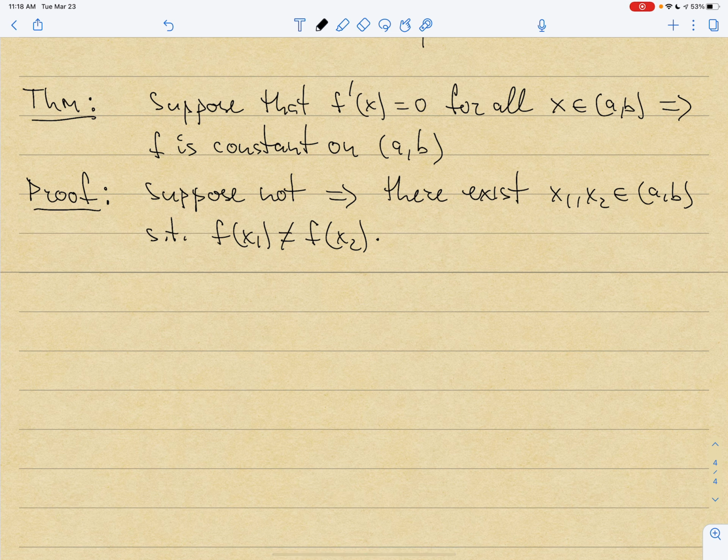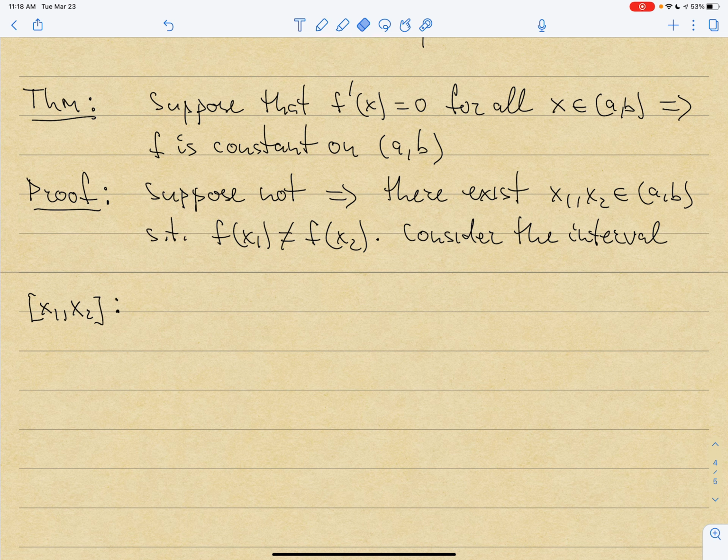Okay, so then we're going to consider the interval [x1, x2]. What do we know? We know, first of all, that the derivative of f is equal to 0 on the open interval (a, b).